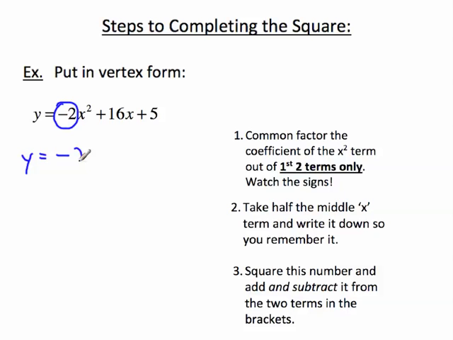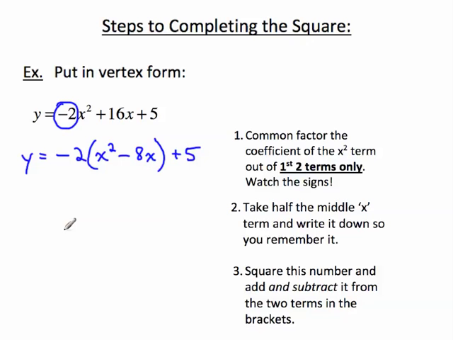So if I factor out a -2, I'm left with x squared, and you have to be careful of the signs. If I factor out a -2, the second term becomes -8x. Now, I only want to factor out of the first two terms. I'm going to close my brackets, and I leave my last term there, just sort of as a spectator for the moment. So that -2 has only been common factored out of the first two terms.